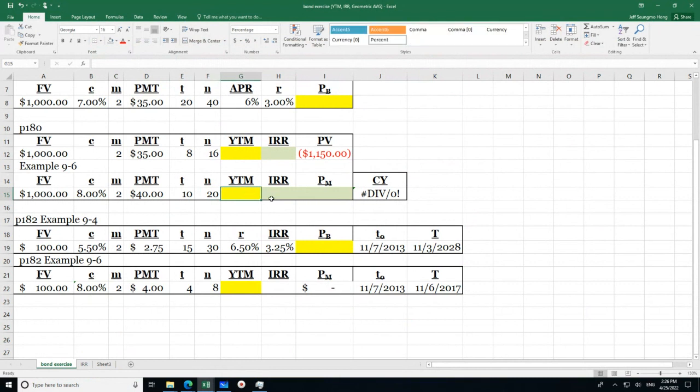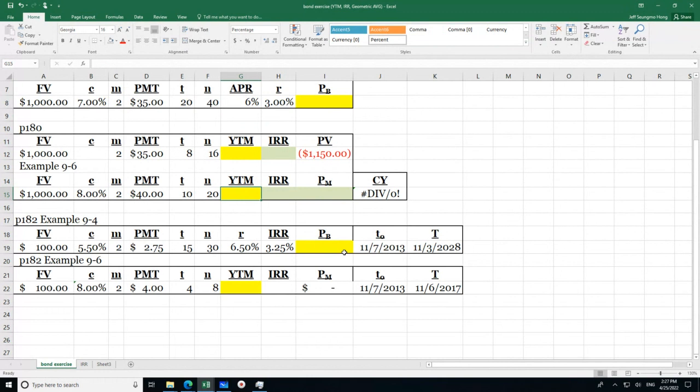The label may look a little unfamiliar, but you can tell it's APR. This means yield to maturity. It's APR, which means internal rate of return, and that means the half-year rate.